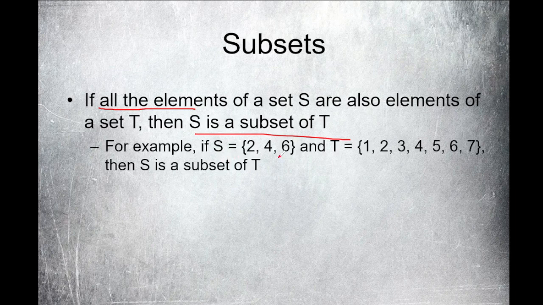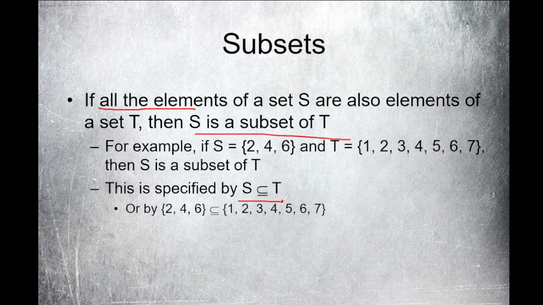Suppose I have S equal to 2 4 6 and T is 1 2 3 4 5 6 7, then S will be called a subset of T, because 2 4 6 is also present in set T. So the representation will be like this one. We are going to use this notation: S is a subset of T.